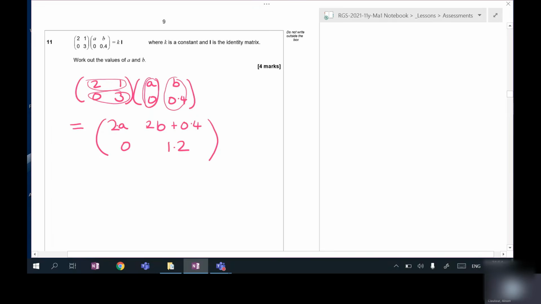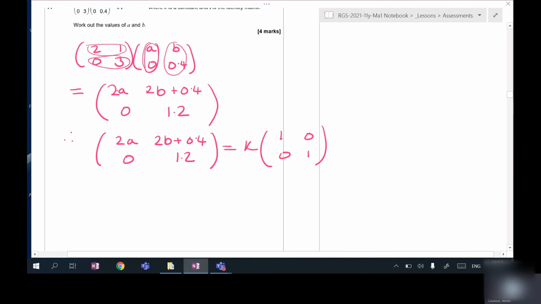Okay, so I know when I multiply those out, I'm going to get the identity matrix. So 2a, 2b plus 0.4, 0 and 1.2 gives me, with a k at the front actually, k, and the identity matrix, remember, has got 1s in its leading diagonal.